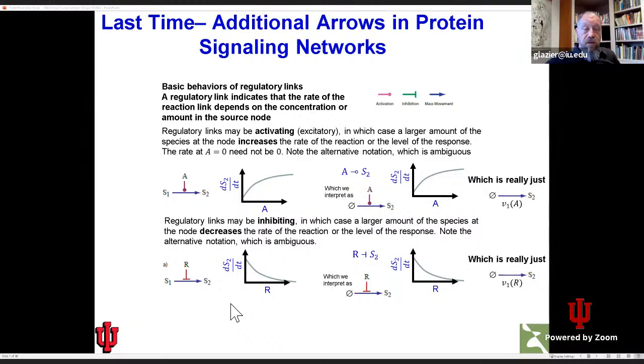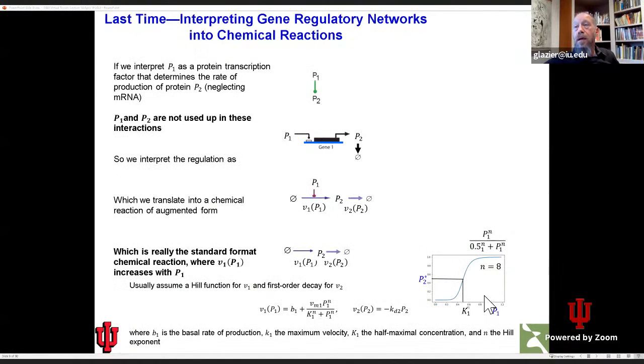And so if we see the arrow diagram of a regulated reaction, we have to interpret that as a chemical reaction. So we have to do some mental translation to go from the arrow diagram to the equation. For a pure chemical reaction, the arrow diagram turns into tellurium or antimony immediately with no mental gymnastics. In the case of regulation, we have to think about it. Same thing in the case of a gene regulatory network.